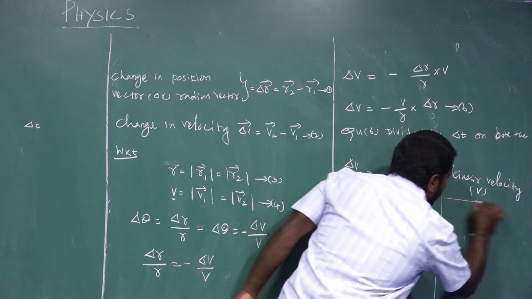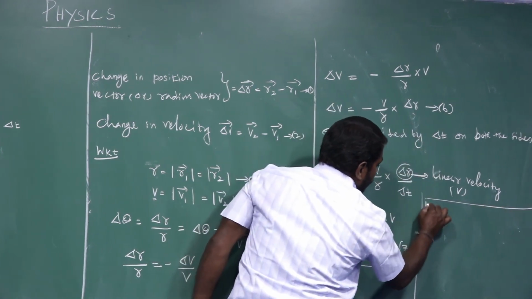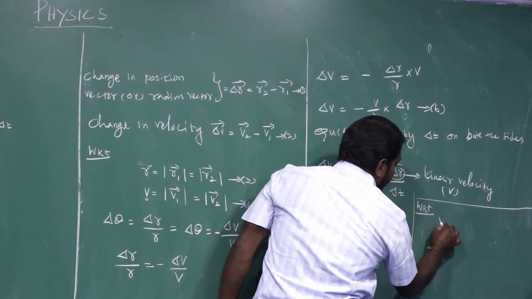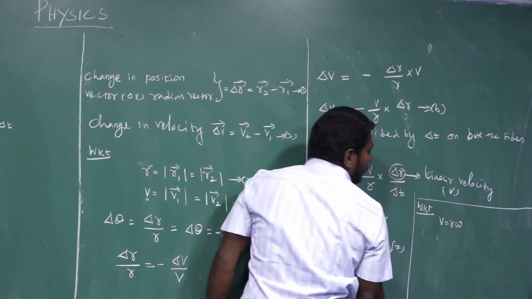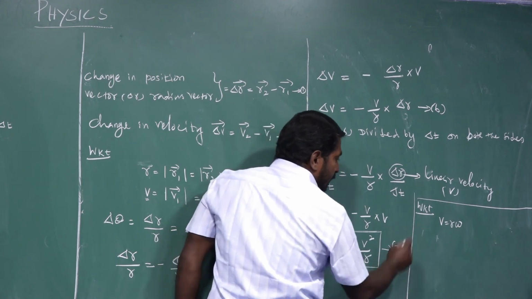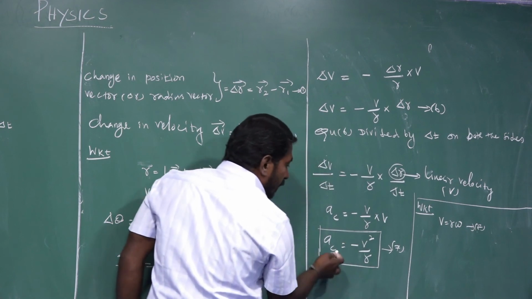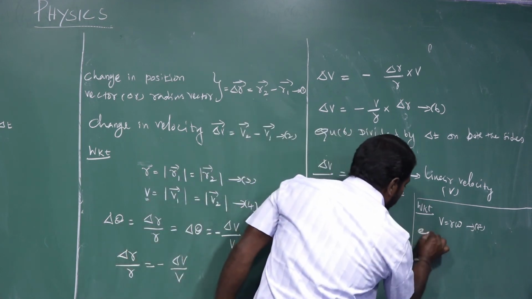Then already we know that in a uniform circular motion, the relation connecting linear velocity and angular velocity is V equal to R omega. Equation number 8. Substitute equation 8 in equation 7.